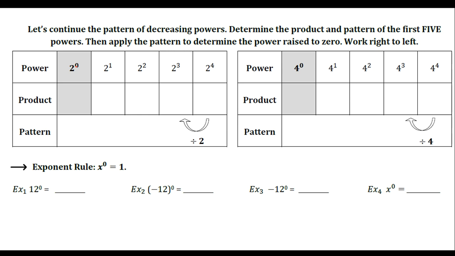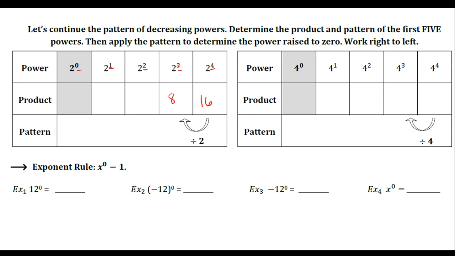So let's continue the pattern going from right to left and decreasing our exponent, which we know the pattern is to divide. So we know 2 to the fourth is 16. Now let's continue the pattern. We're going to divide by our base of 2. 16 divided by 2 is 8.